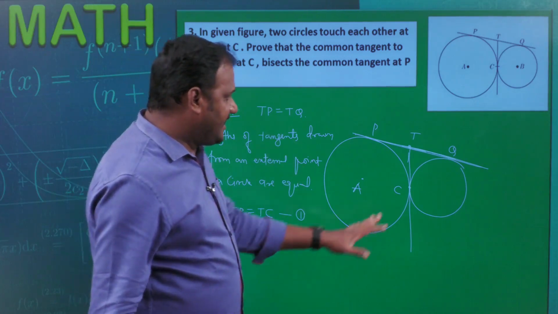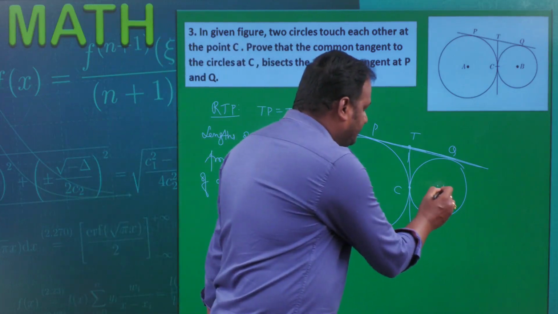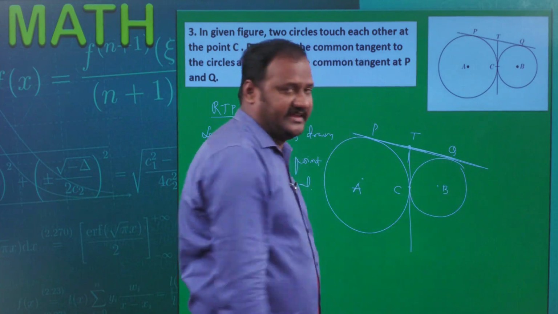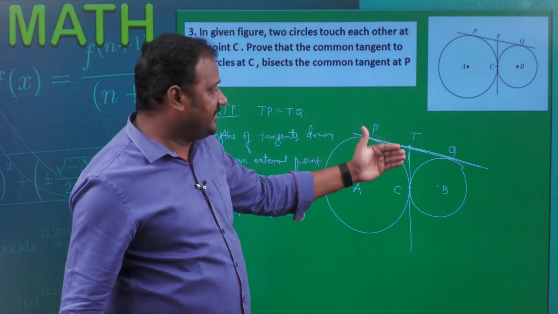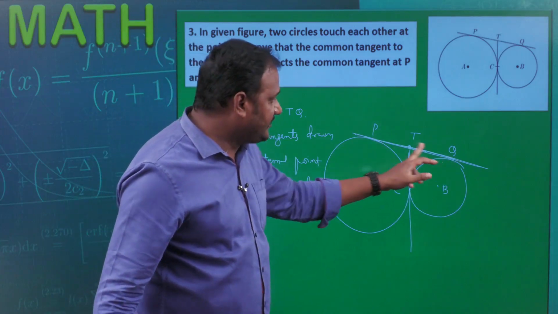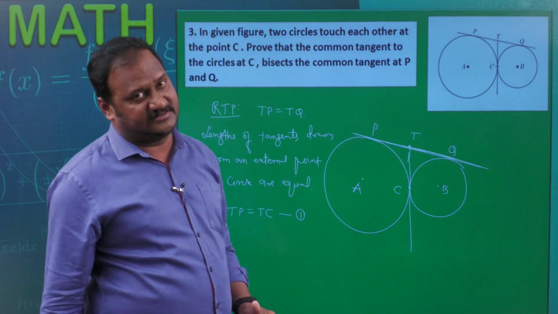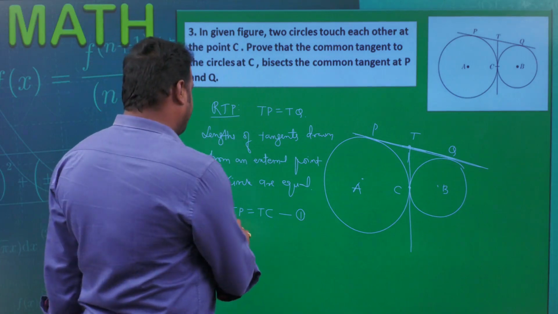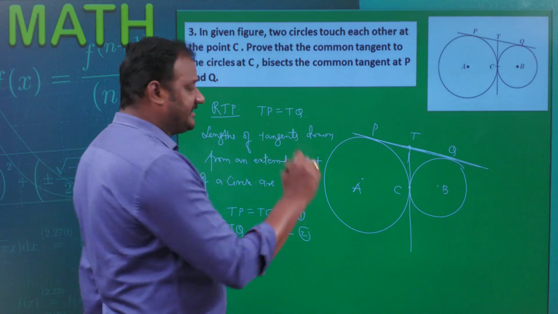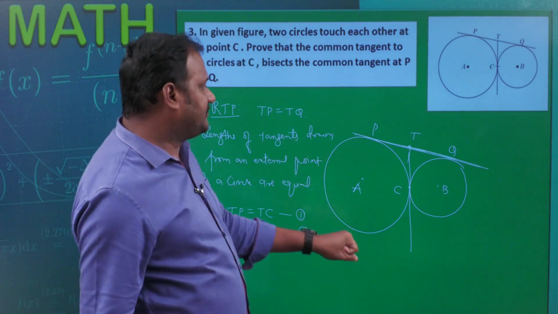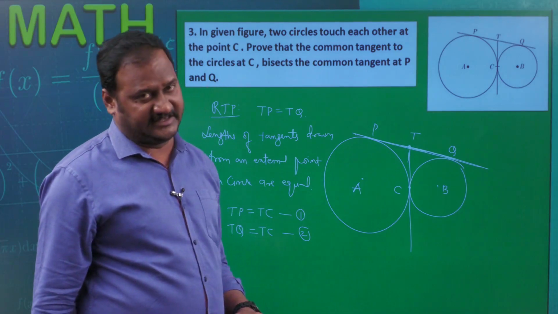And similarly, I am taking the circle with center B now. For this circle with center B, again T is an external point to this circle, and TQ and TC are two tangents drawn. So we can say that TQ is equal to TC. So these are two pieces of information from this figure.